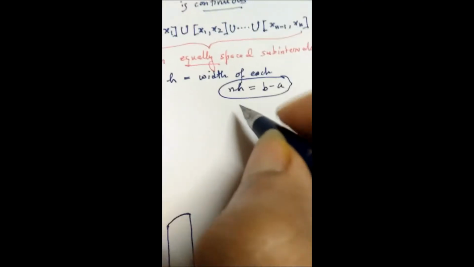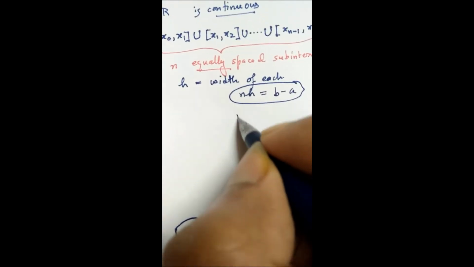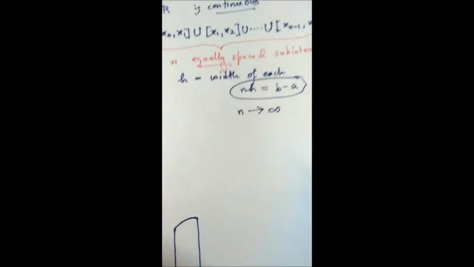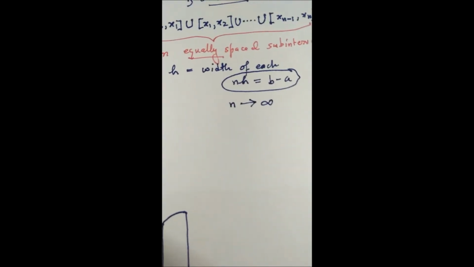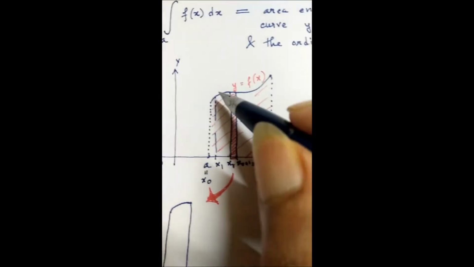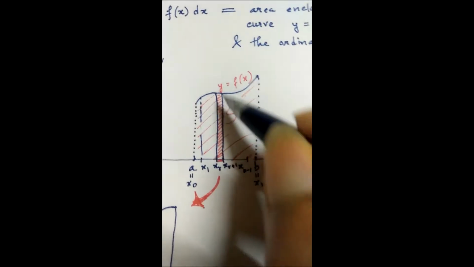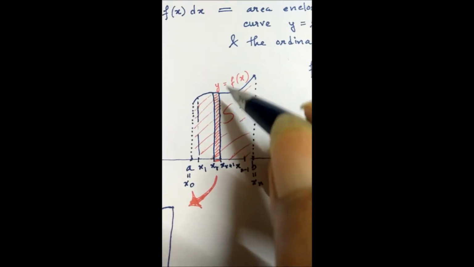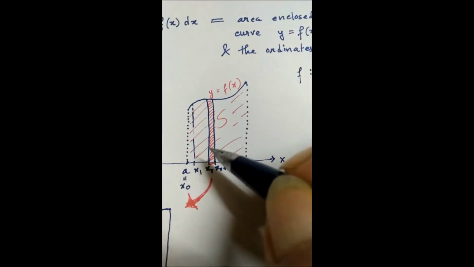Now, as I said, here comes the calculus into play, the limits. So what do we do? We make n large. Sounds familiar? Yes, n tends to infinity. Make n large. This is like a piece of paper you put into a shredder. The more strips you get, the thickness or the width of each strip will be reduced.